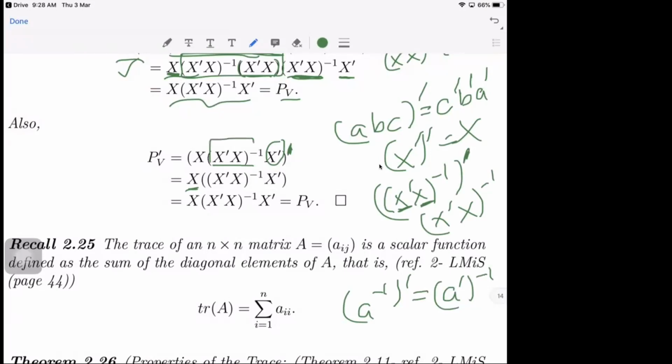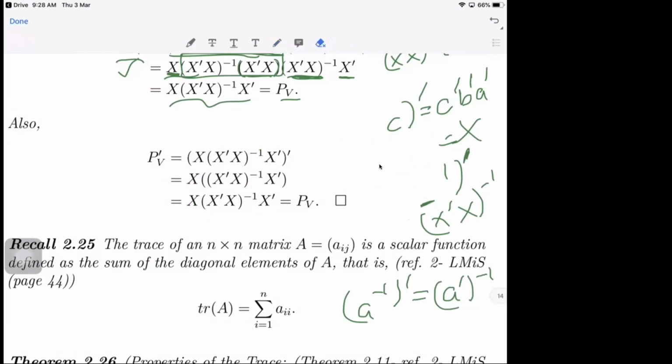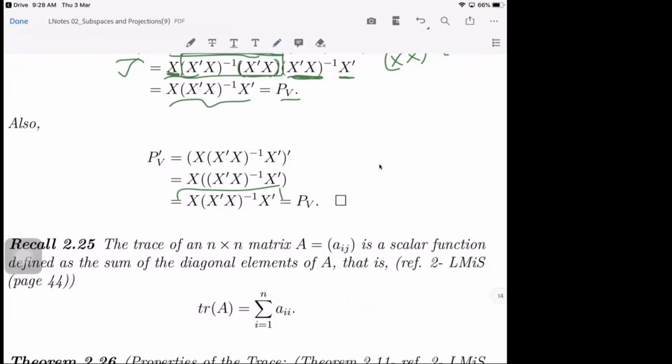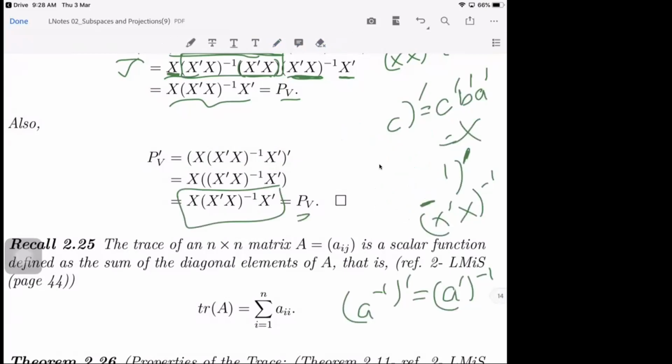So get that inverse of this transpose, it's still X prime X inverse, and then get the transpose of that, which is X transpose there. But this one is actually just equal to your PB. So if your X is a basis matrix, the square of the projection is just equal to the projection, and the transpose of the projection is just equal to the projection.